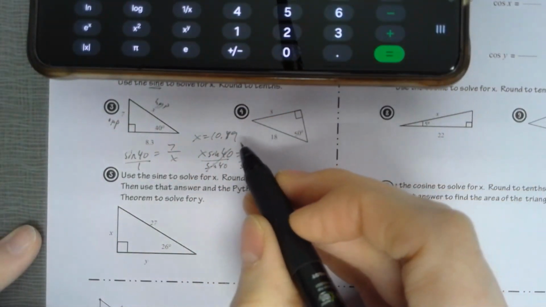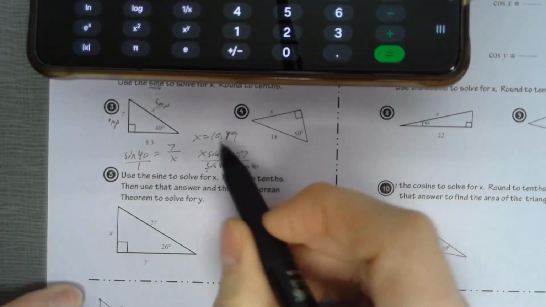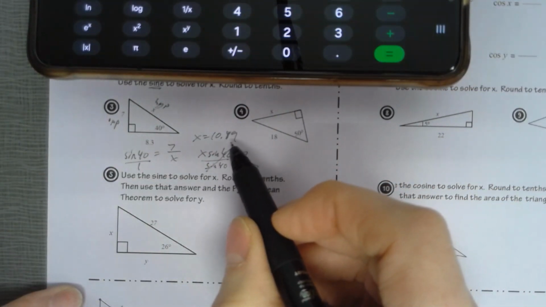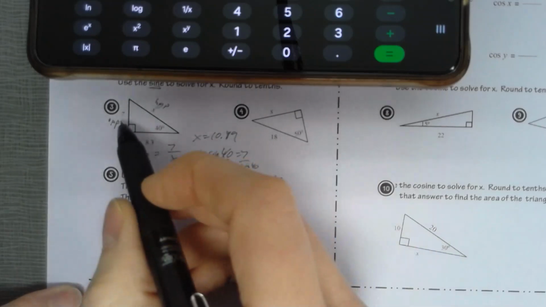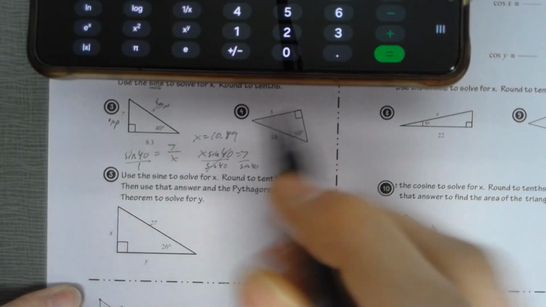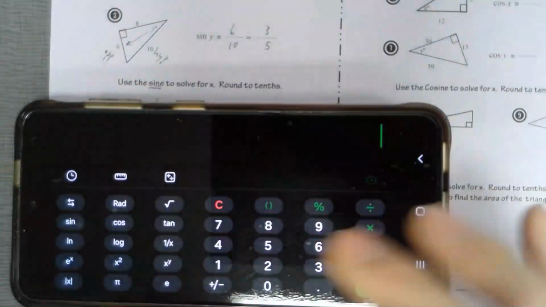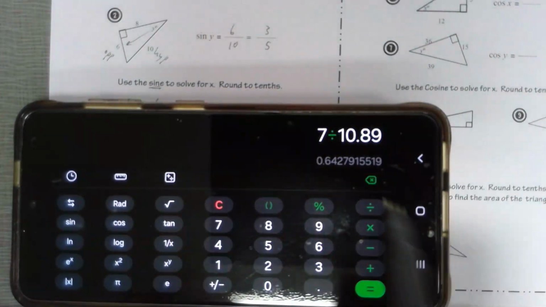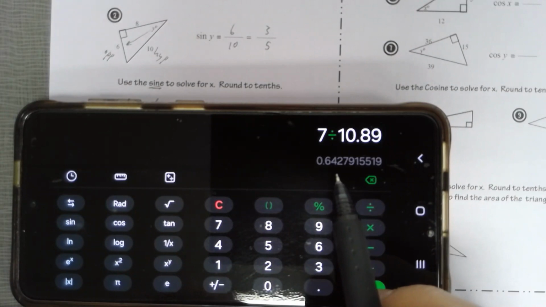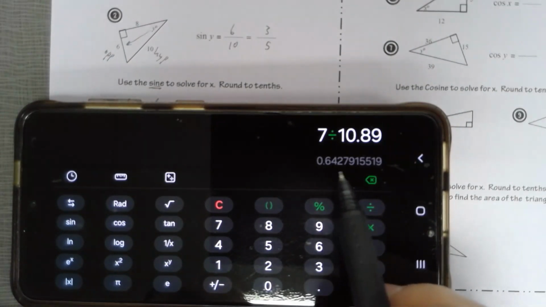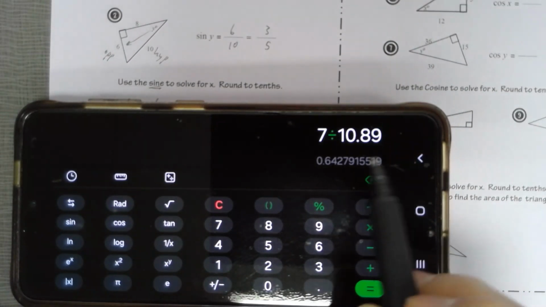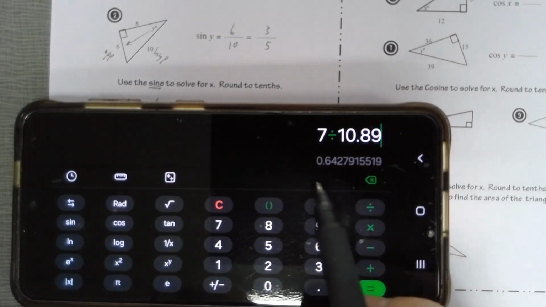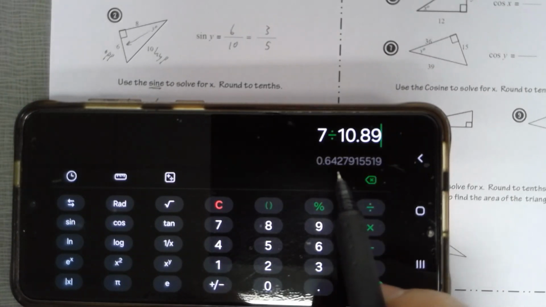We want to check our answer. We can make sure that our sine ratio equals what it's supposed to. So it should be 7 over 10.89. When I divide 7 by 10.89, I get 0.64279, etc. Now it's off by a little bit because I had to round, but you see that's that 0.64.